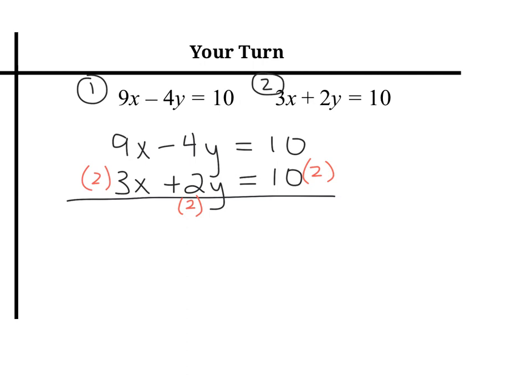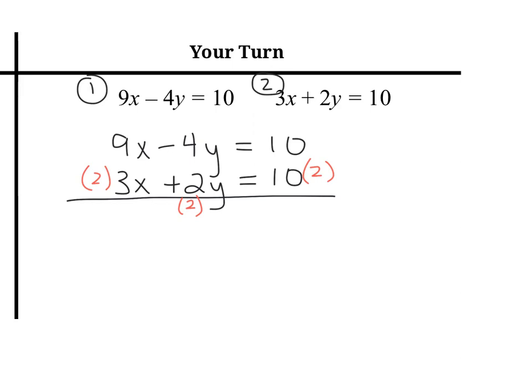Now, sometimes students will kind of miss the obvious, that 2 is a multiple of 4, and instead they'll say to themselves, well, I know that both 4 and 2 are multiples of 8. And what they will do is they will use the multiplication and they will turn the 4y into an 8y, and they will turn the 2y into an 8y by multiplying by the correct factor.